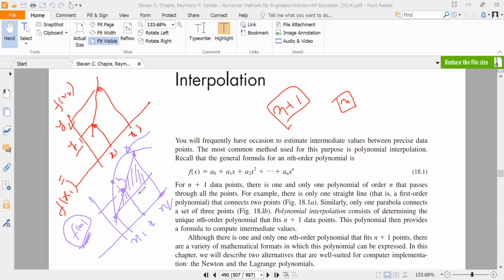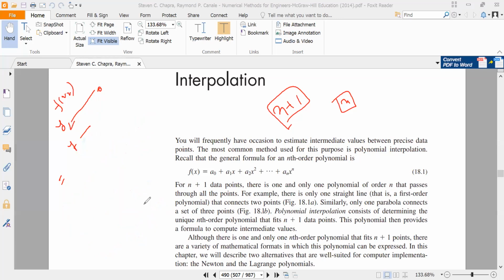So if we have three data points available, then that prediction will be a bit better than the straight line, because we can easily derive an equation that passes through them.